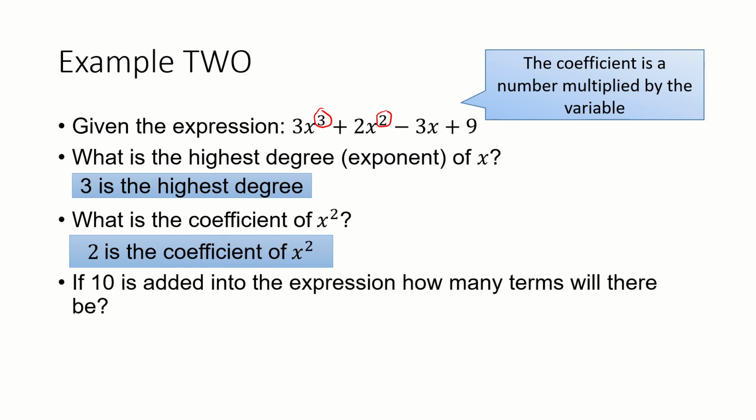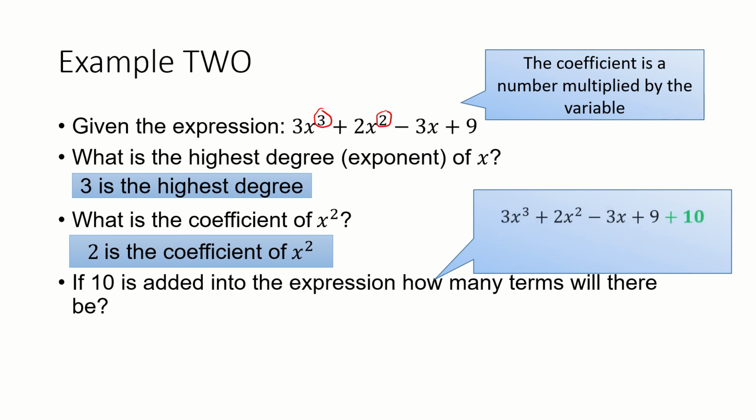If 10 is added to the expression, how many terms will there be? Let's add 10 to the expression. So I took the same expression, I added 10. Note that if I add 10 and 9, that will give me 19. Later on, we'll speak about like terms. If terms are the same, you just add them.